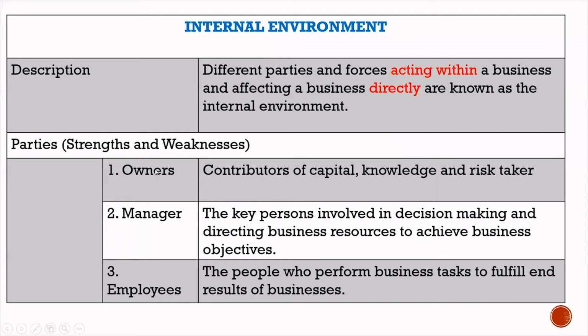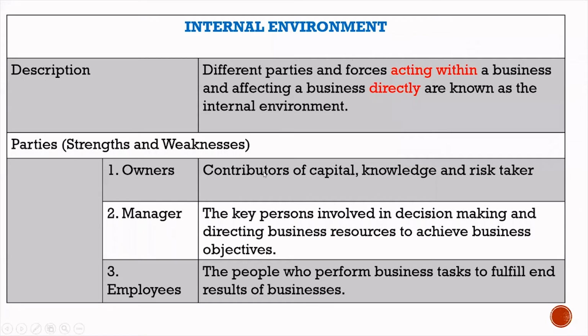If we speak about the owners, they are simply the contributors of capital, knowledge, and also the risk takers. All the strengths or the positive aspects of the owners will be considered as strengths of the internal environment, while all the negative impacts that he can do to the business will be considered as weaknesses.